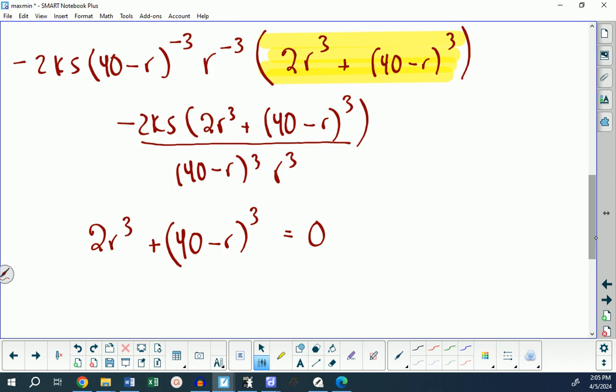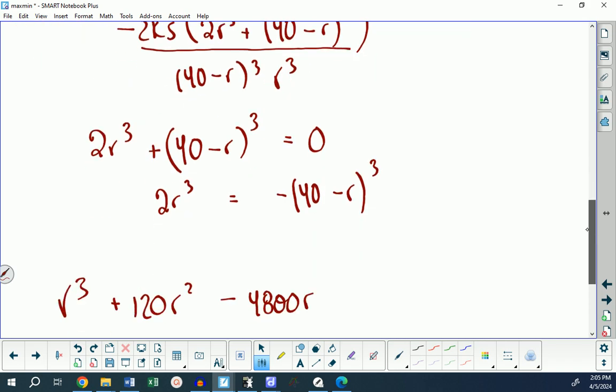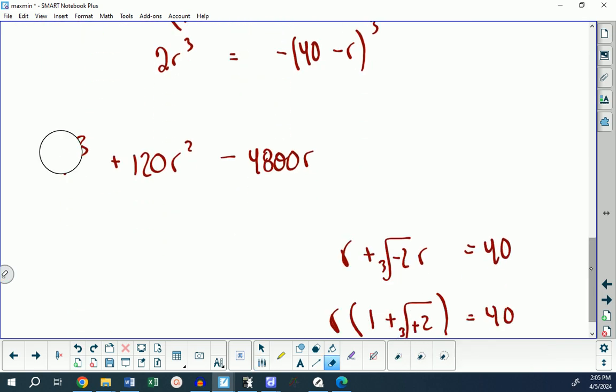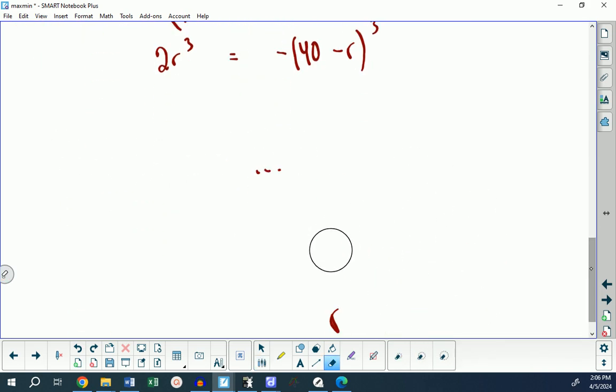So I did that. I don't know which one I moved over. It doesn't matter. I'll leave it this way. And I said, if I take the cube root of that, and I think what I might have done is I arranged it so that this is negative and this is positive.